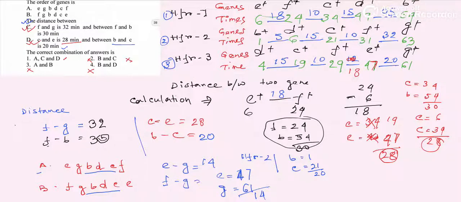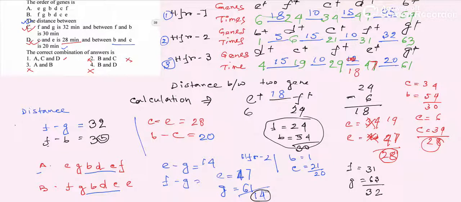We have to calculate the distance between F and G. F is 31 and G is 63. So the distance between them is 32.